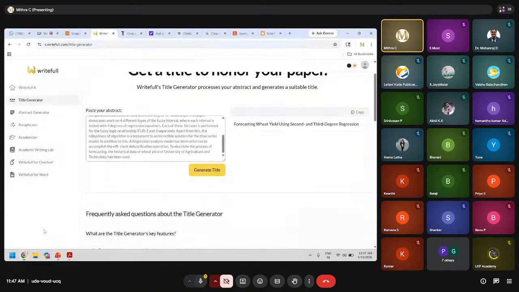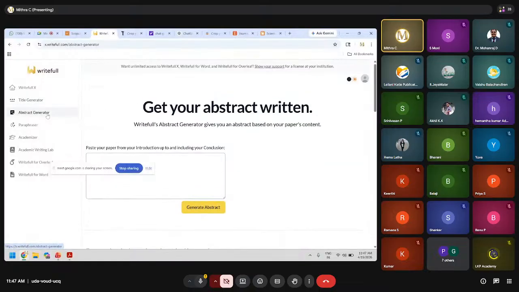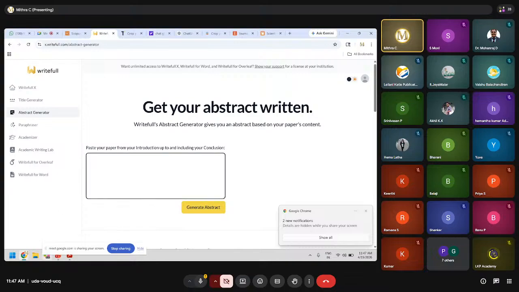The Rightful tool can be chosen, and here you can click rightful tool.com. On the left hand side you have the title generator, and after that the abstract generator. In the abstract generator you can paste the content.